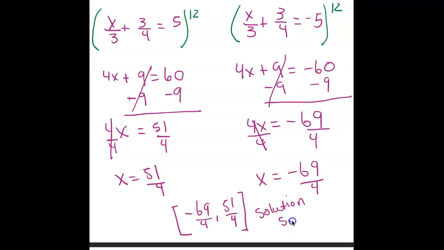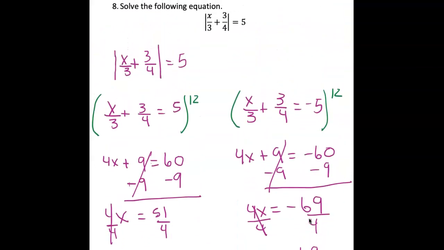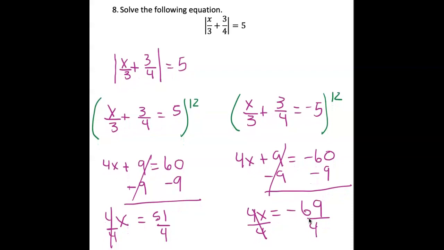So the key part for this question, I think, is the fact that you might not like fractions, but we can work with them, so no problem there. We just get rid of them. That's the cool thing. Also, making sure from the beginning that your absolute value is by itself, which it was. And then rewriting it into equaling a positive 5 and a negative 5.